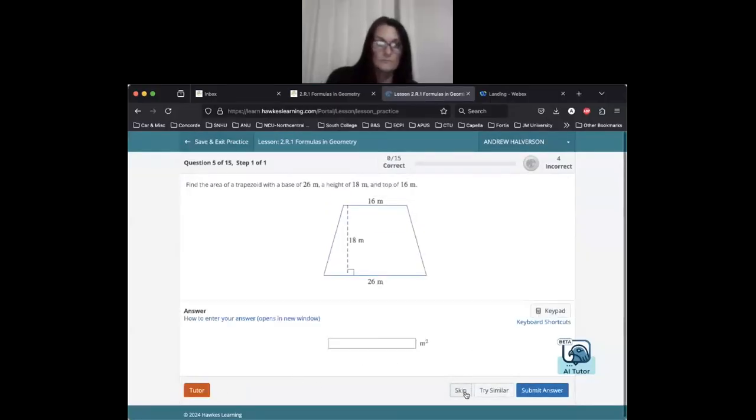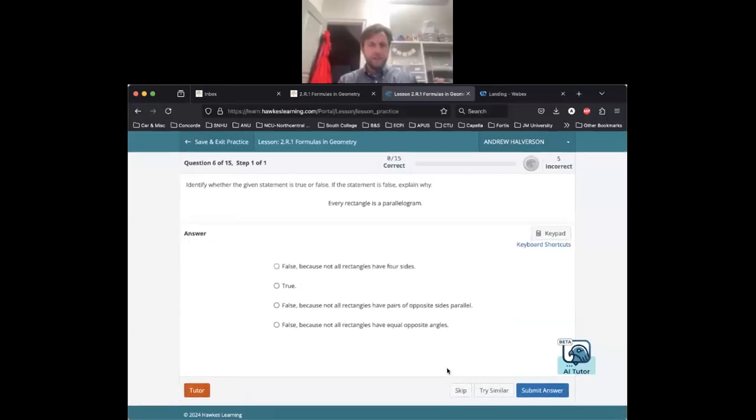Let's see what they got. The rest of it is just properties. Every rectangle is a parallelogram. I'm not going to tell you the answer to that. You can use Google to help you out, but this is going over the properties. What does it mean to be a rectangle? A rectangle has a specific meaning. A parallelogram has a specific meaning, and sometimes they overlap.